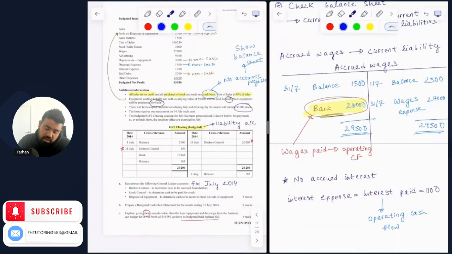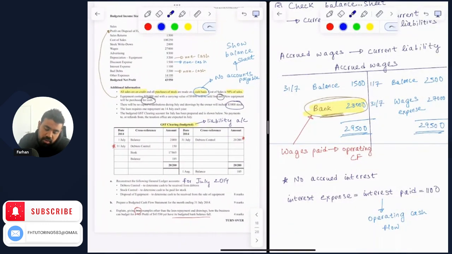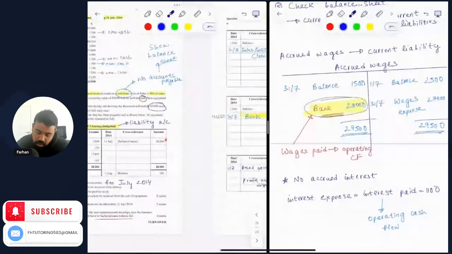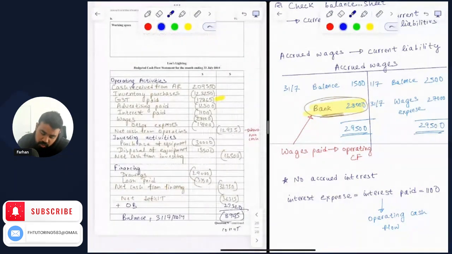So we are assuming this other expenses of $14,100 is entirely paid for in cash. Okay, so that is what you can see here. Because this is a cash outflow, this is a negative number here. So you just simply add and subtract whatever you've got here, and you should get negative 12,935, which is the net cash from operations. Okay.